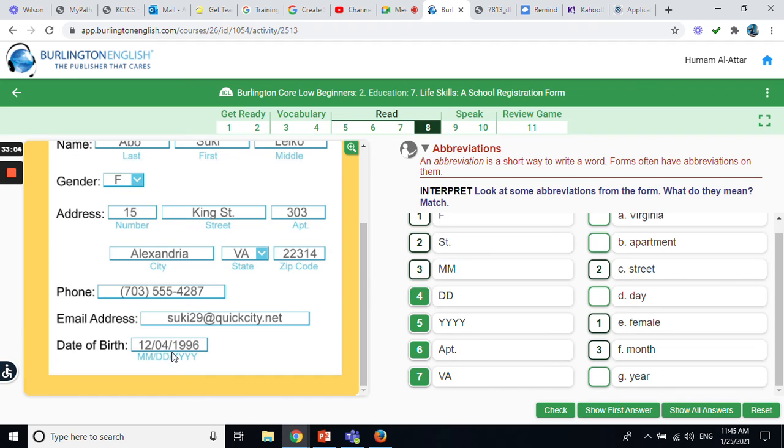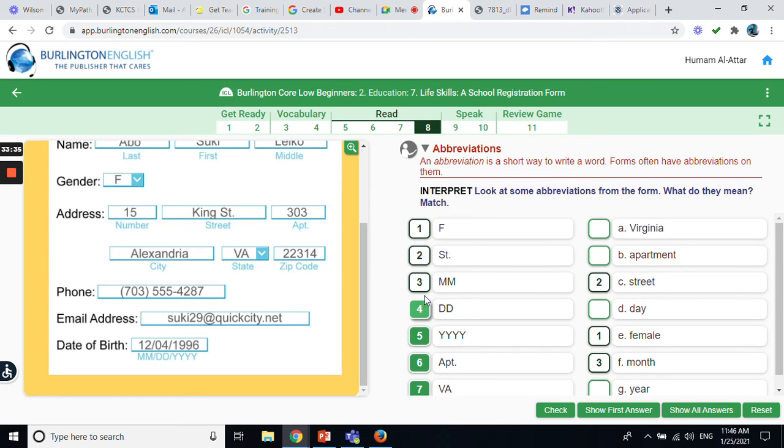That means if it's from 1 to 9, you have to put zero and then which day it is. And for the year, if you see four Y's, that means you have to write the full year, 1996 or 2021. Right. So I have answered all of these questions, so you are good.